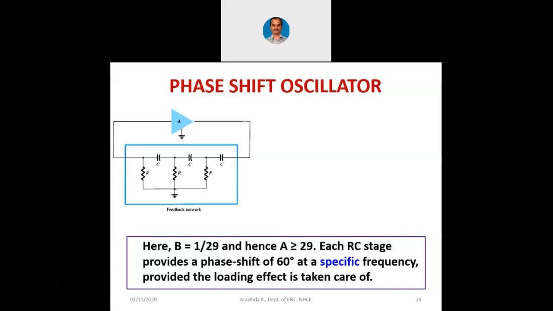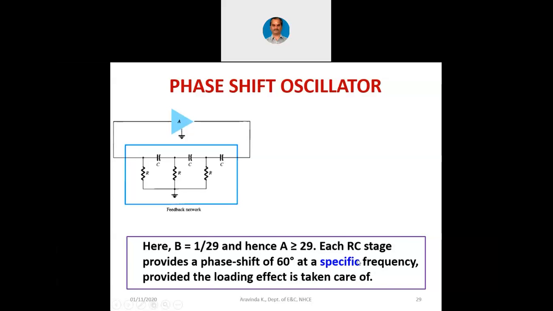But the stability issue can be later on compensated by means of some compensating network. I am going to discuss the practical limitations later on. So right now, let us think beta has to be 1 over 29, hence A has to be greater than or equal to 29. Now each RC stage provides a phase shift of 60 degrees at a specific frequency.